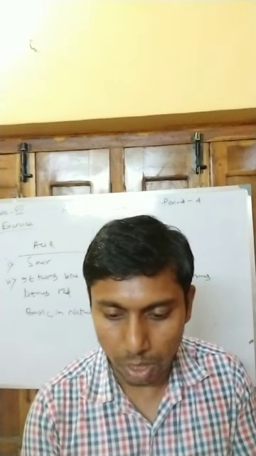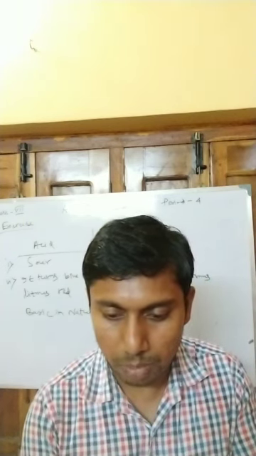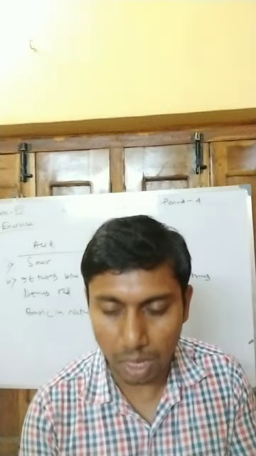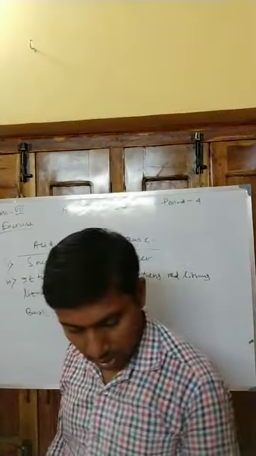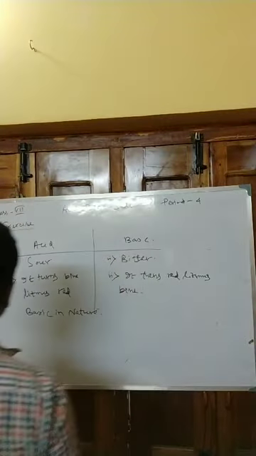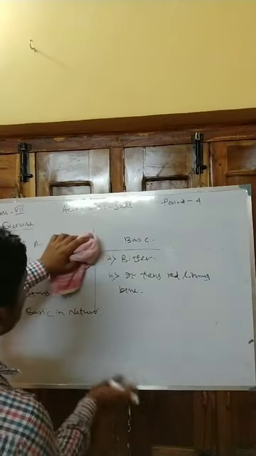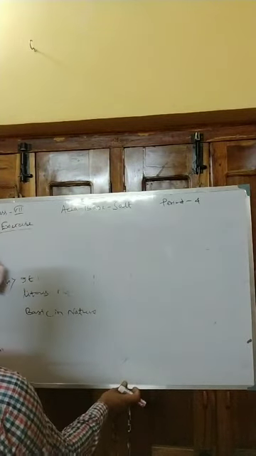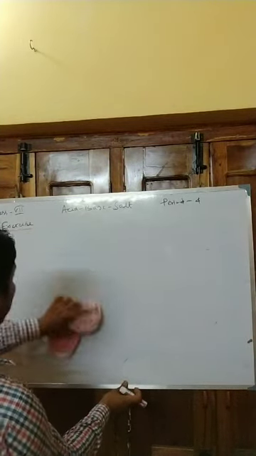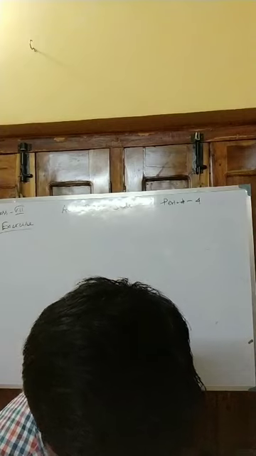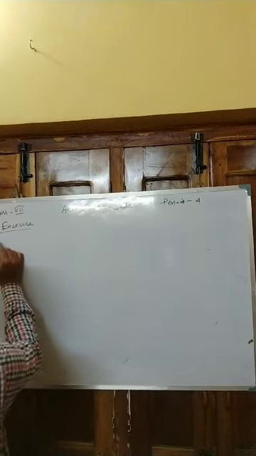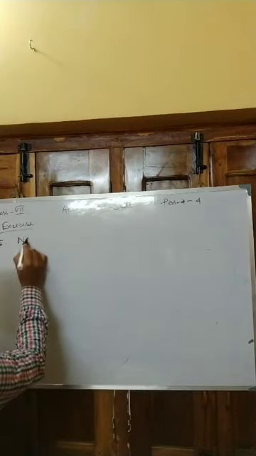Number 5, describe the process of neutralization with the help of an example. Now we have discussed that neutralization is the process of neutralizing an acid by a base.